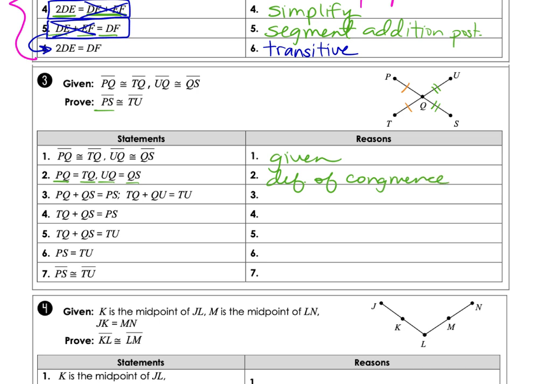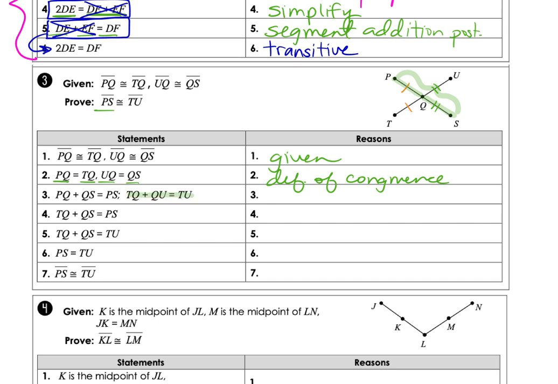Okay, now look at step 3. It says PQ plus QS equals PS. Think about what that's saying. PQ plus QS, so the two parts, equal the whole thing. What is that? That is the segment addition postulate.